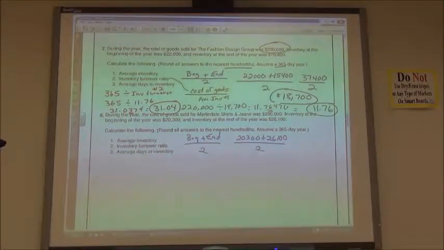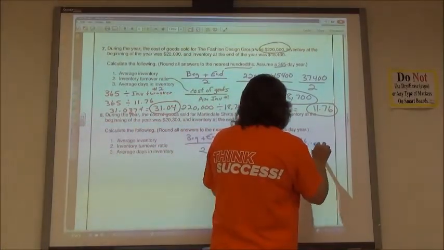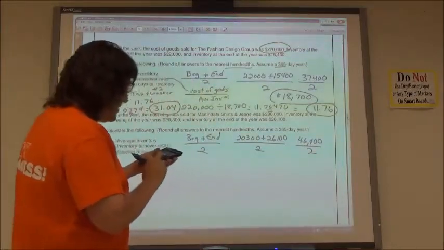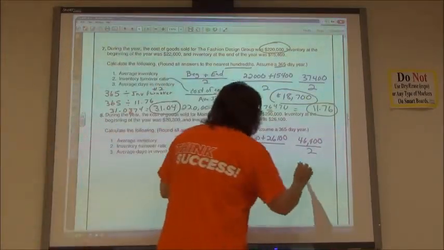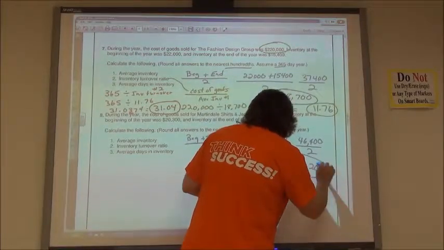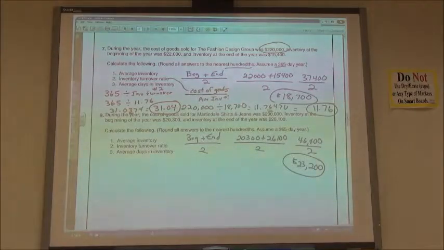So 20,300 plus 26,100 gives me 46,400. Then we can divide by 2, which gives 23,200. So 23,200 is our average inventory.